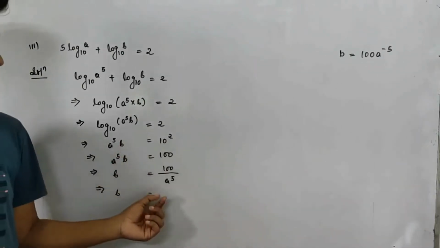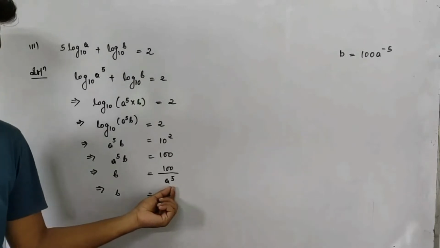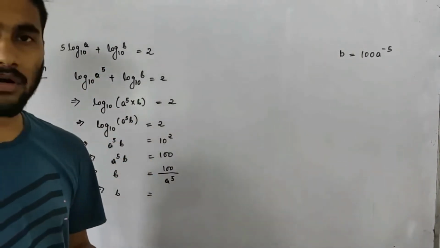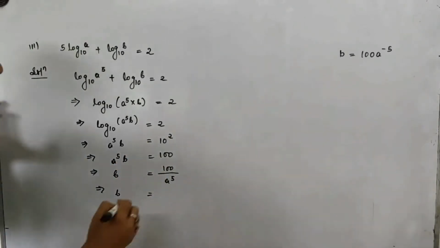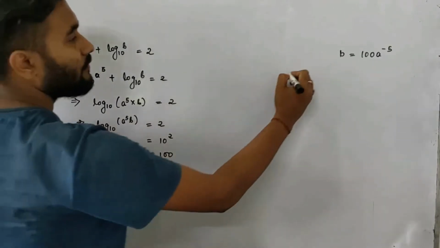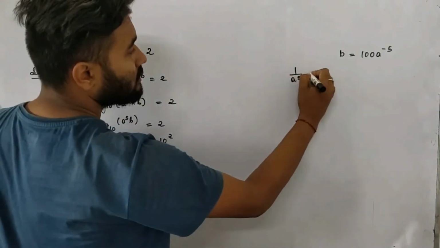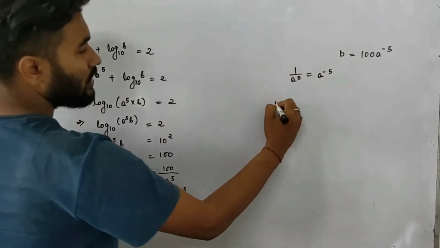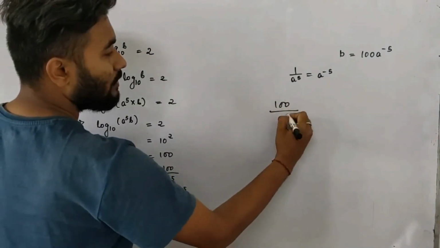Now this is 1 by a to the power 5, right? Means this a to the power 5 is in the denominator. If I take it to the numerator, or in other words, if I reciprocal this one, what will happen? 100 a to the power minus 5. See, like that. 1 by a to the power 5 will be equal to a to the power minus 5. This one I have done. Understood? See, 100 by a to the power 5.